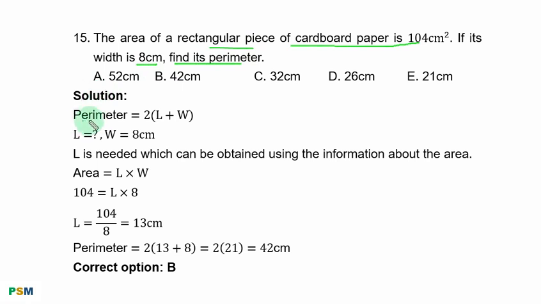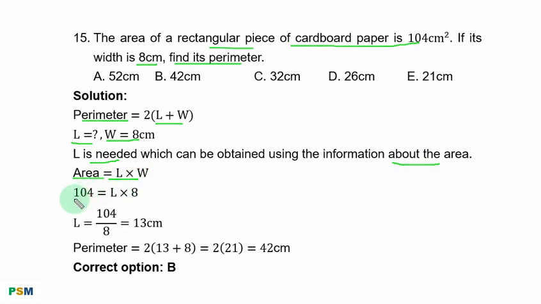Perimeter is equal to 2 bracket open the length plus the width. The length is unknown, width is 8 cm. L is needed, which can be obtained using the information about the area. Area is equal to L times W.